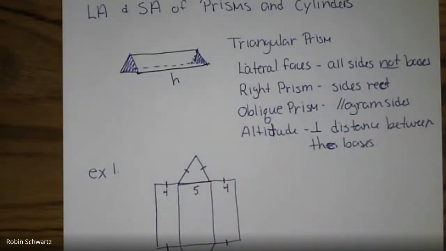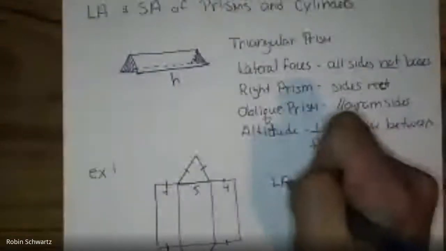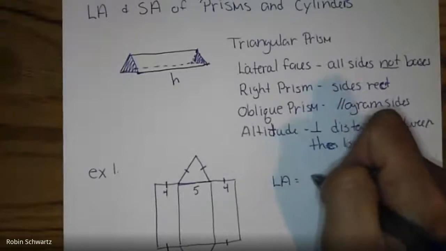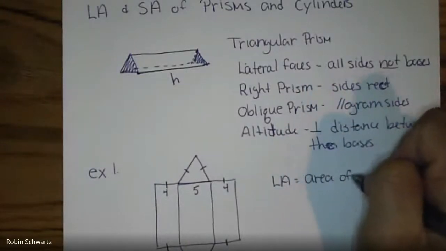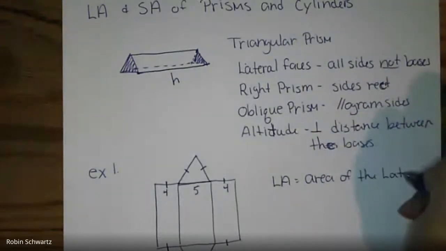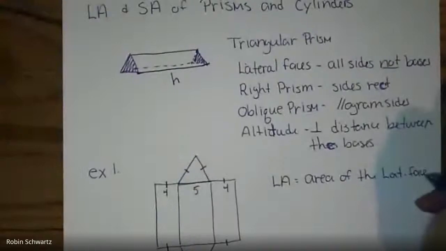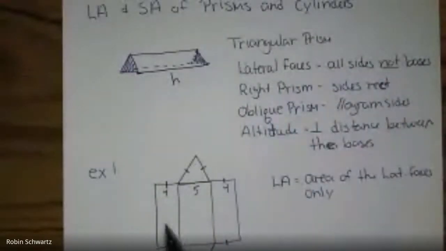So if we were going to find the lateral area, it is the area of the lateral faces only. In this case, it would be the area of the three rectangles.